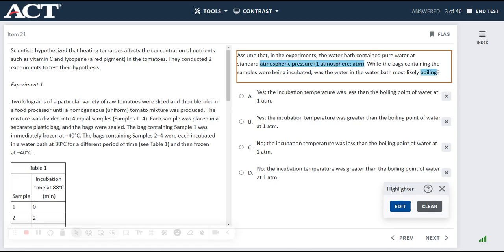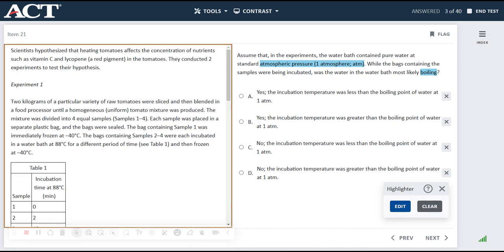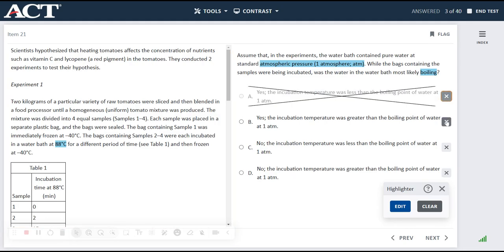Water boils at 100 degrees Celsius, and this one is at 88 degrees Celsius. Yes, the incubation temperature was less than the boiling point. So was the water likely boiling? It was definitely not. So we're going to eliminate the 2 no's. The incubation temperature was less than the boiling point. So that one would be correct. So the answer is C.